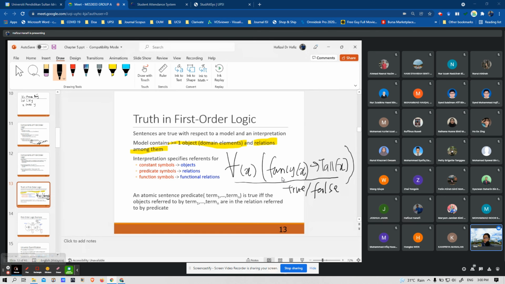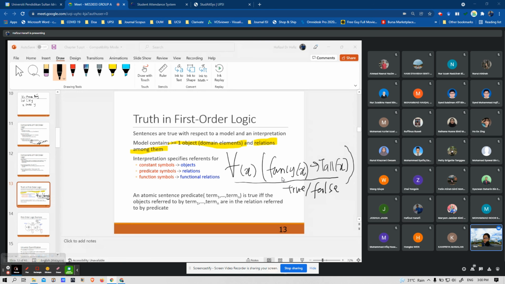You need to specify the domain of discourse first, and then try to apply and interpret the sentence, whether it involves a constant, a predicate, or a function.